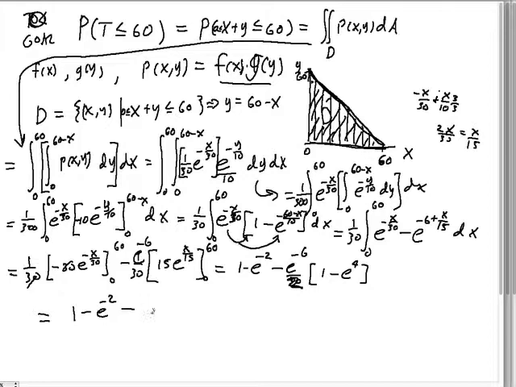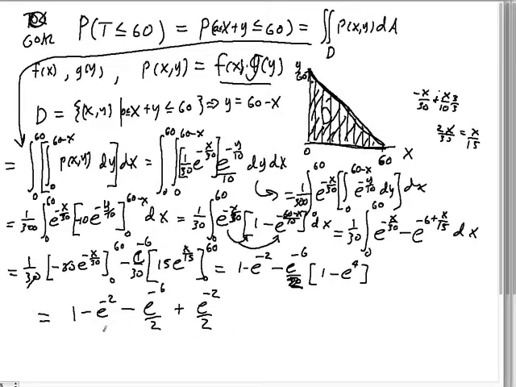And then minus, and then we have to distribute this in, so we get an e to the negative 6 over 2. And then we have a plus e to the negative 2 over 2.